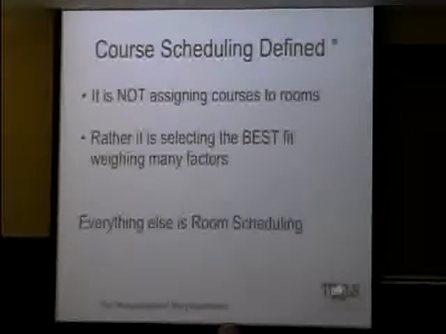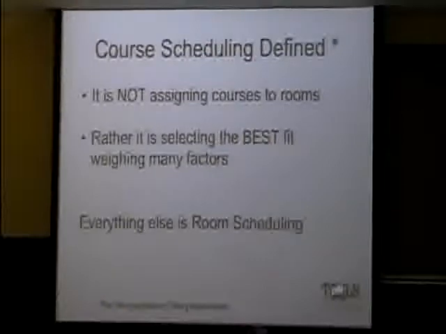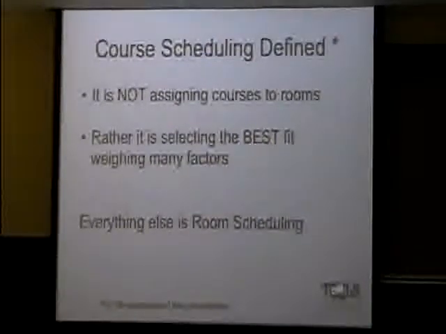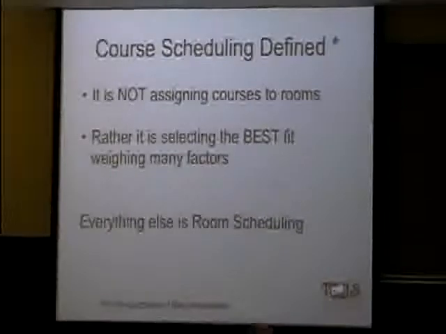But we want to talk about exactly what we mean when we say course scheduling, which is not necessarily just saying, hey, we want to take a room for trial advocacy and throw it in room 110. Oh, there's enough people there, whatever. We want to actually look at what the best fit is for not just that particular class, but for all of the rooms and for all the classes, and be able to optimize that based on lots of different features.